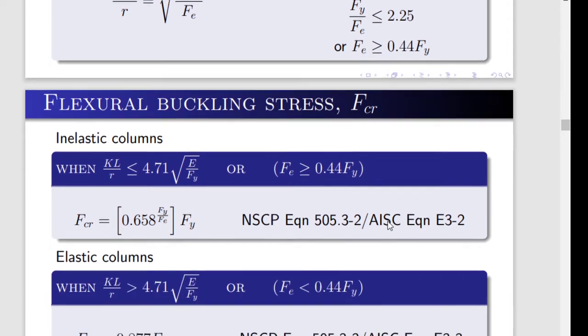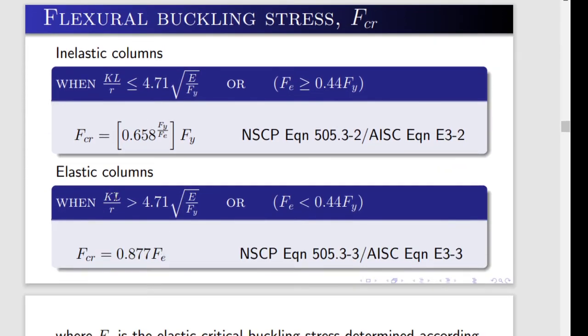In elastic columns, if KL over r is greater than 4.71 square root of E over Fy, or Fe is less than 0.44 Fy, use NSCP equation 505.3-3, or AISC equation E3-3, which is Fcr equal to 0.877 Fe.